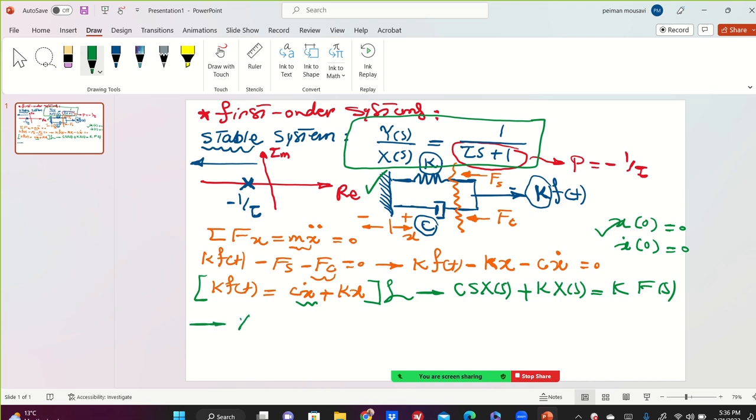So x of s, you can factor out: C s plus K times x of s is K F of s.